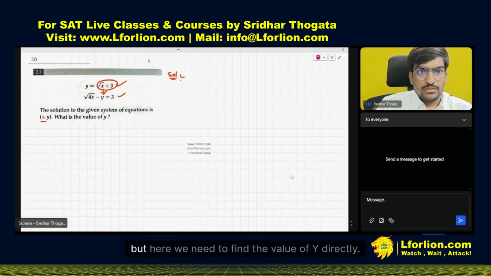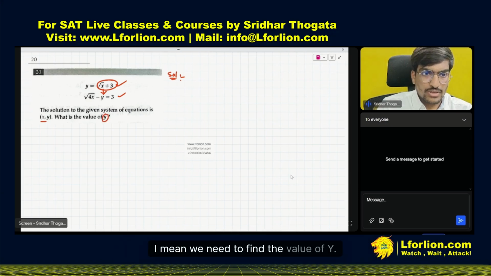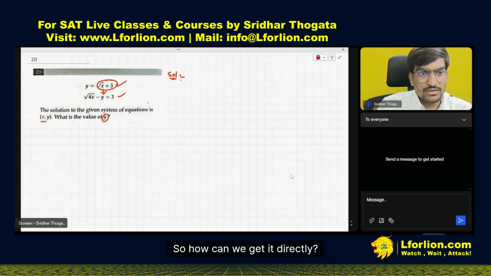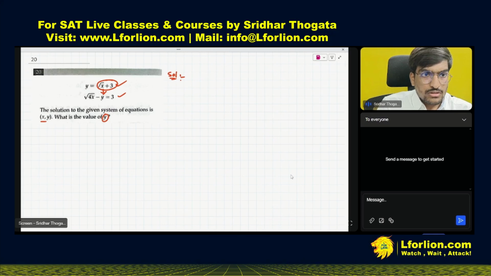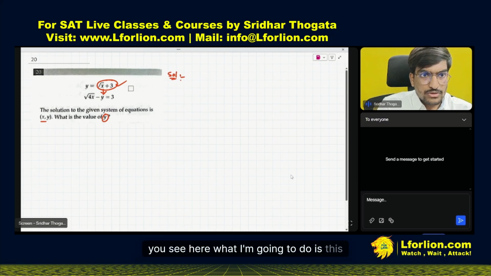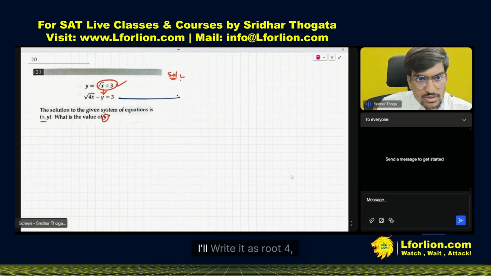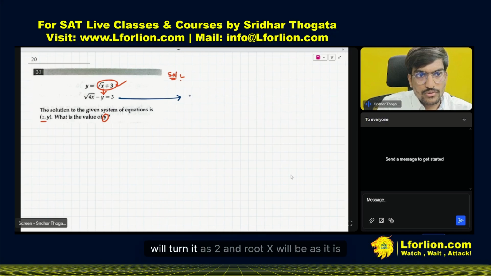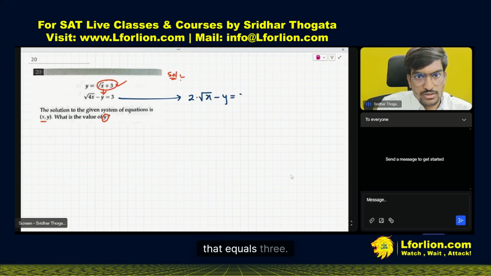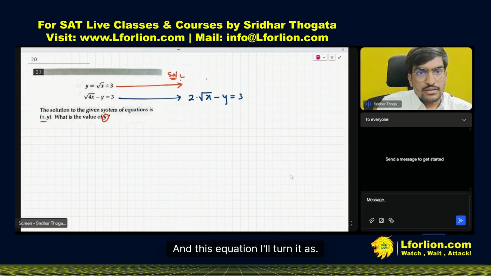Fine. But here we need to find the value of y directly. So how can we get it directly? What I'm going to do is write this equation as 2 root x minus y equals 3, since root 4 is 2. And in this equation, I'll just transpose, so root x value will be y minus 3.